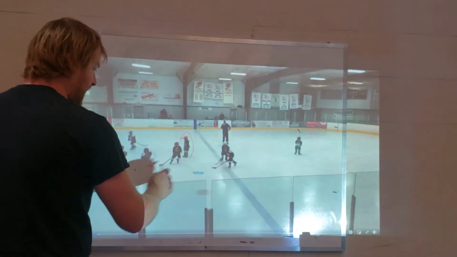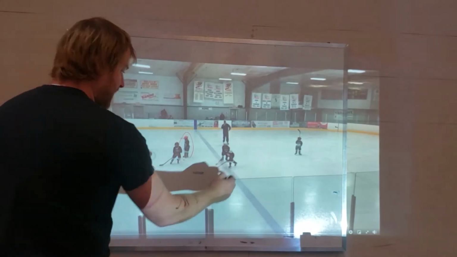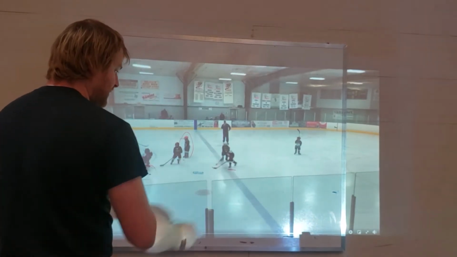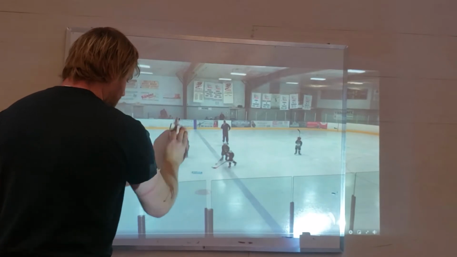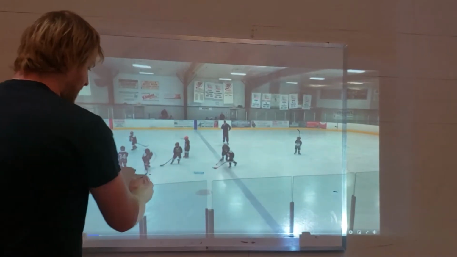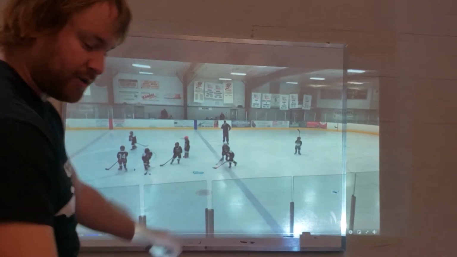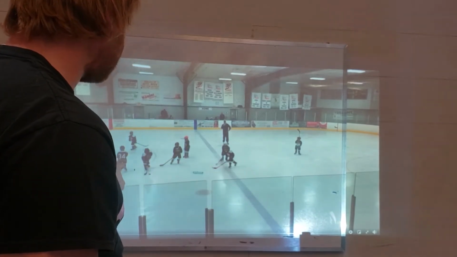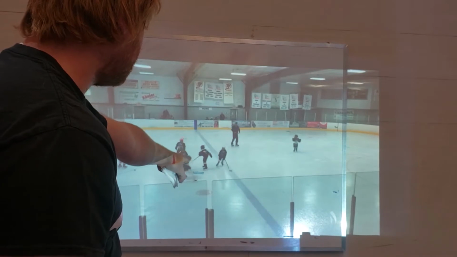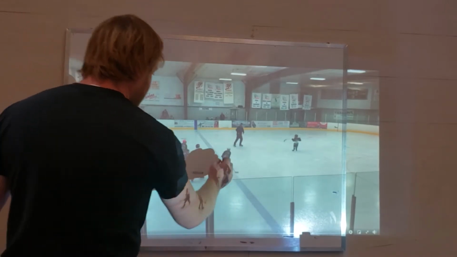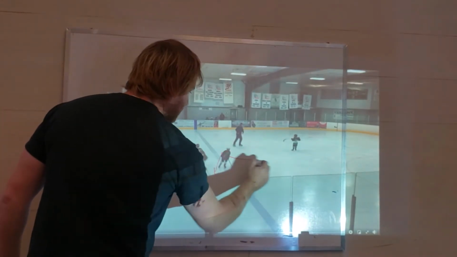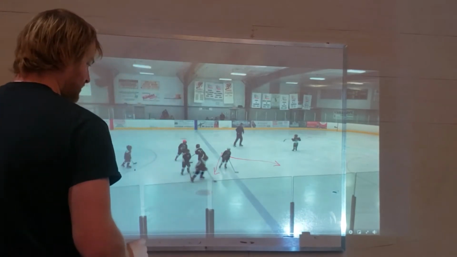Kaylee, you are still standing straight up. This guy is hustled to get back on side. Okay? And the puck is over here. And this guy is skating this way. Okay, so let's watch what happens. Okay, Riker's not paying attention. Nikki's chasing this guy. Danny, you got to anticipate. Okay? Skating at him like this, you should have been skating back like that. Okay?